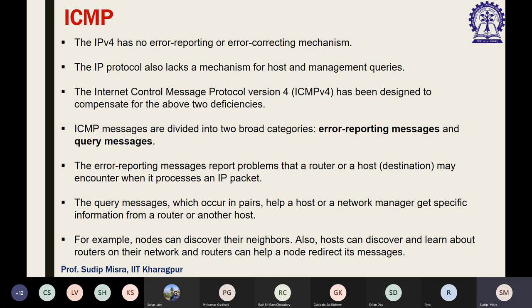IPv4 has two deficiencies. One is that it doesn't have any mechanism for error reporting, and it also doesn't have any error correcting mechanism.